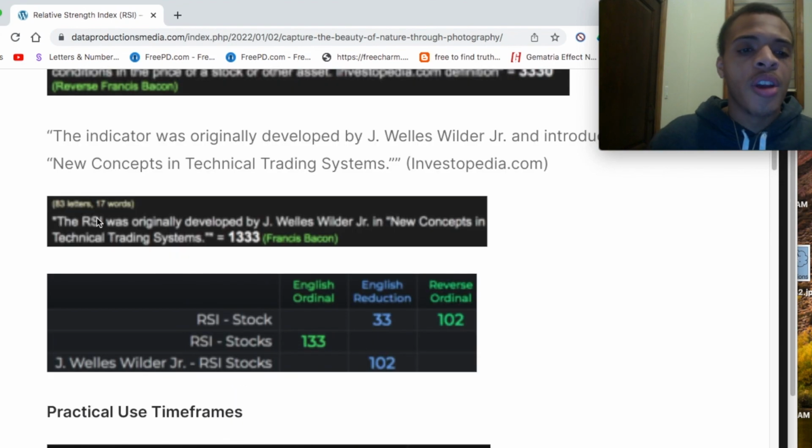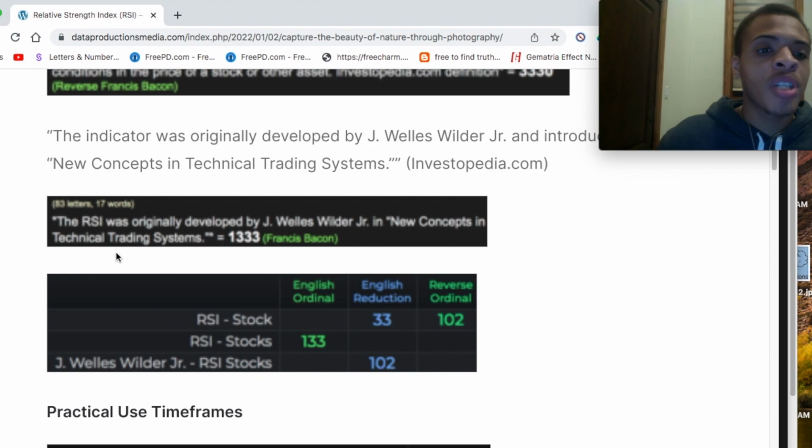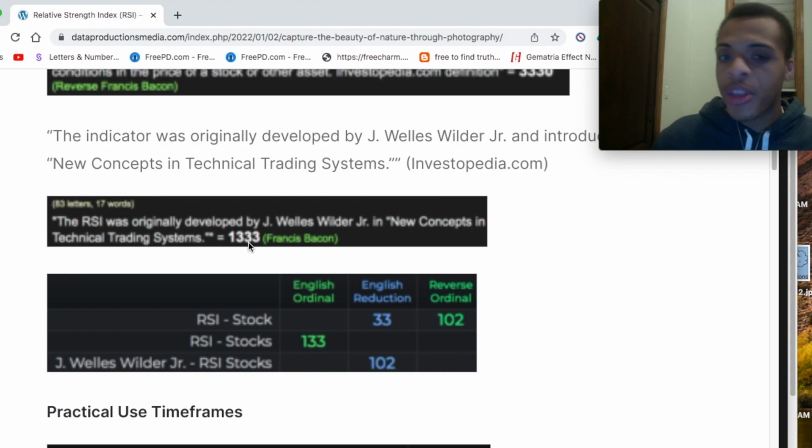Keep it simple: the RSI was originally developed by J. Wells Wilder Jr. in New Concepts in Technical Trading Systems. That's 1,333 in Francis Bacon. That's amazing. We love seeing that. We know there's significance behind this man inventing one of the most popular indicators in the world. So that's why you see these decodes.